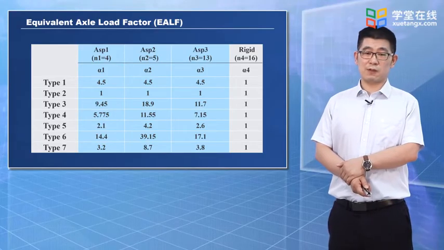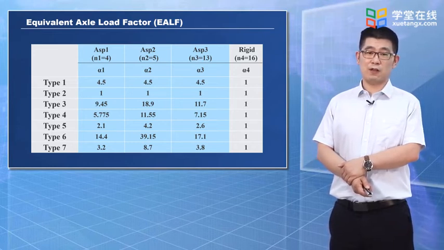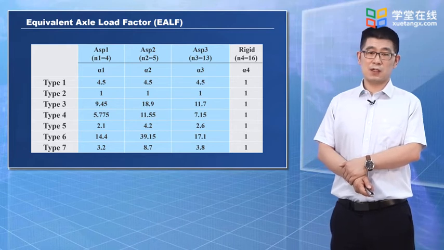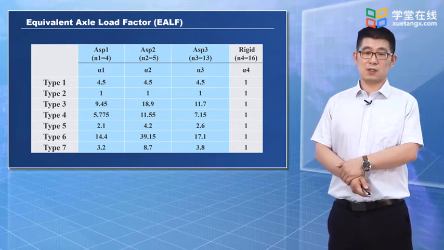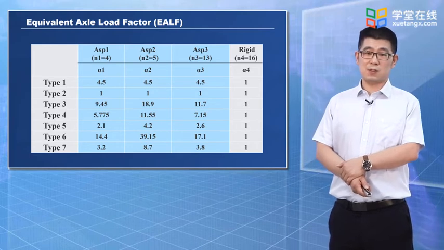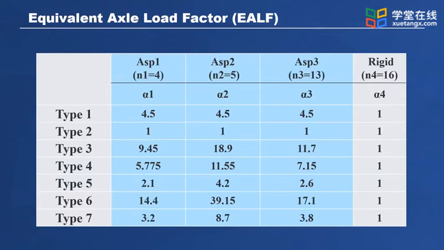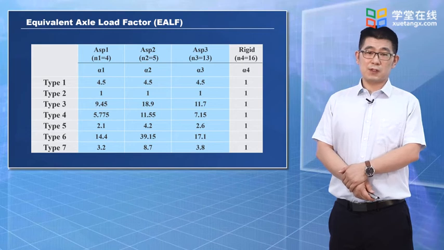According to the Chinese specification, alpha and n are dependent on the design criteria for asphalt pavement, while they are independent of the design criteria for concrete pavement. Asphalt pavement design criteria are denoted by ASP1, ASP2, and ASP3, which will be detailed in Chapter 5.